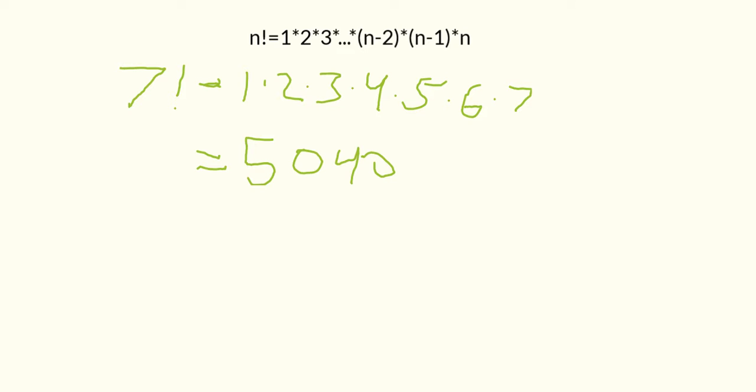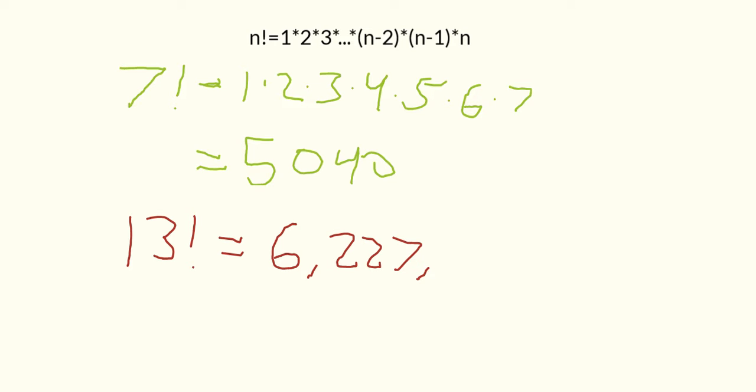If we take a look at 13 factorial, these numbers get so huge so fast that 13 factorial is equal to 6,227,020,800. How unlucky of us to have to deal with numbers that big.